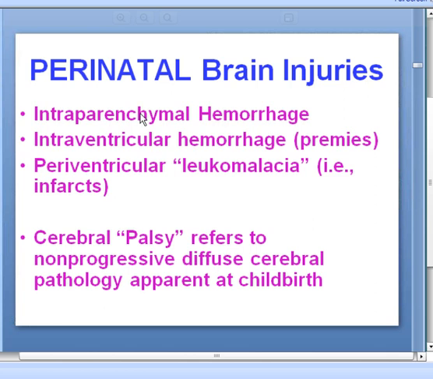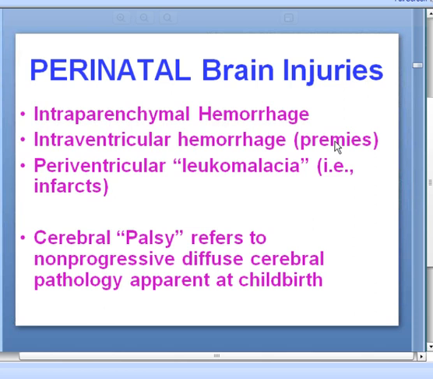One of the most common non-specific findings in a perinatal brain injury is not only general hemorrhage in the brain, but for some reason, especially in premature babies, intraventricular hemorrhage. It's very, very common.